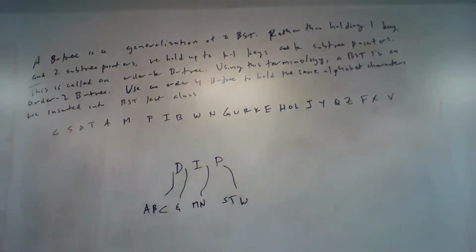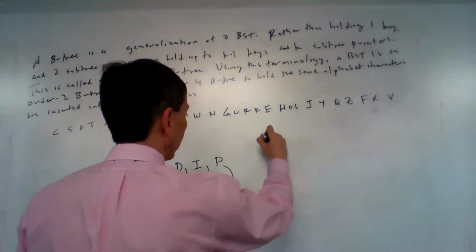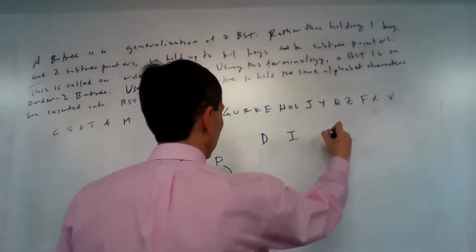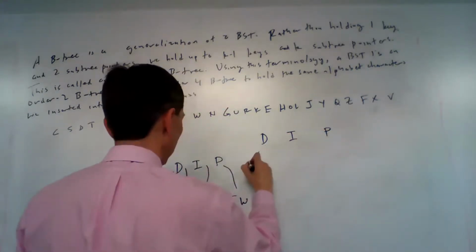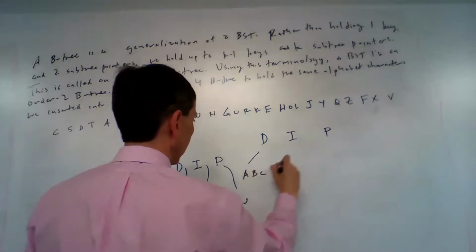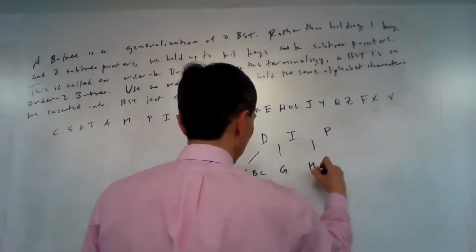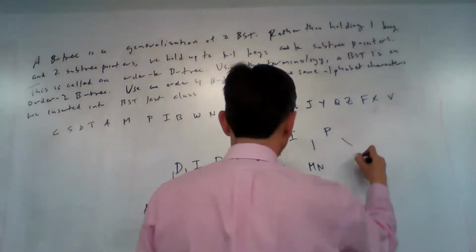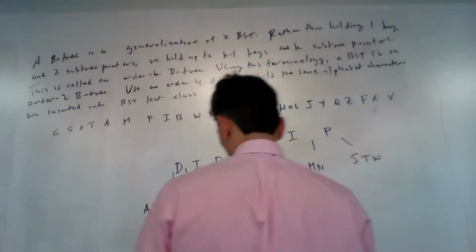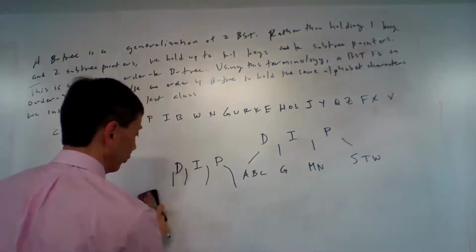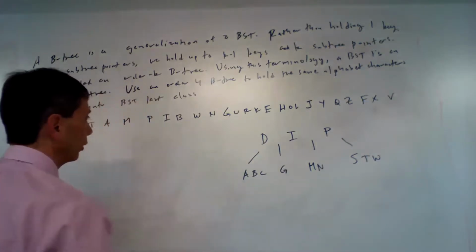Okay? And let me rewrite this just so it's a little bit more spaced out. Okay, so it's exactly the same tree, just rewritten so it's a little bit better spaced out.